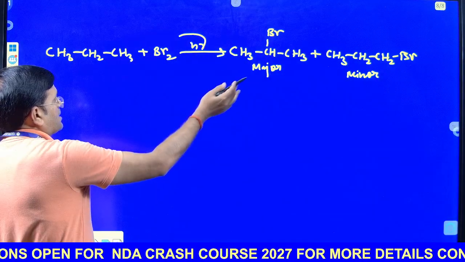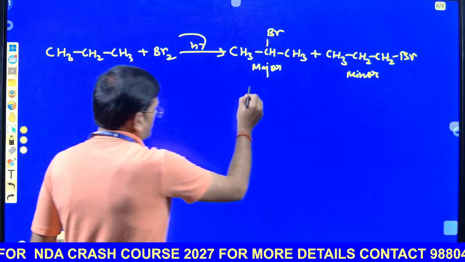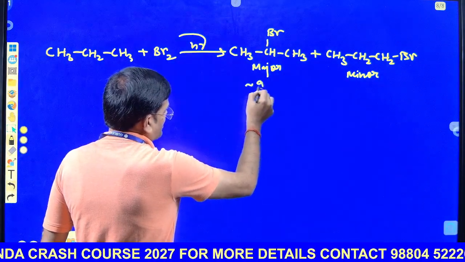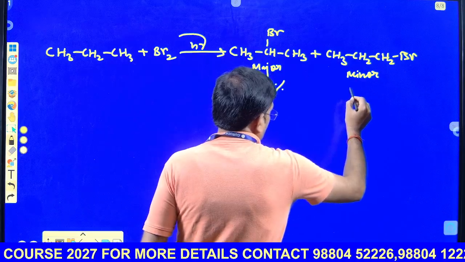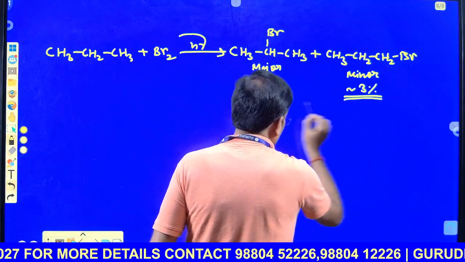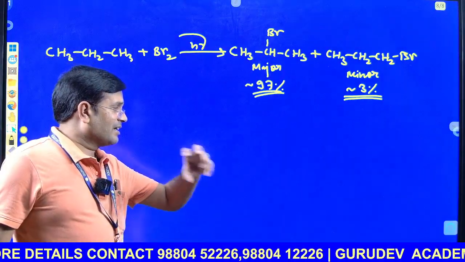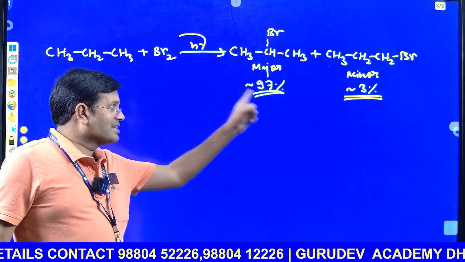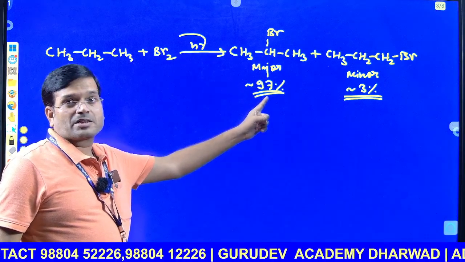Okay, now calculate the percentage yield for this one. To the best of my knowledge, it is coming out to be approximately 97%, and this is approximately 3%, but we will calculate, right? Now see, this data clearly informs you that bromination is highly selective, because you are getting 97% major product.